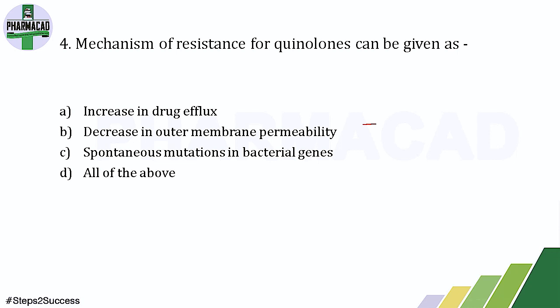So gram negatives have a complex cell wall, but gram positives have only a cell envelope. Okay, so these A and B are more seen in gram negative ones because they have a complex cell wall.